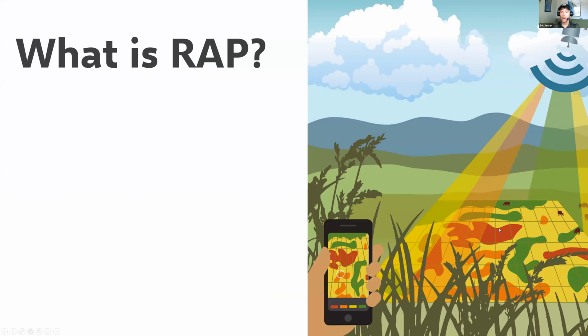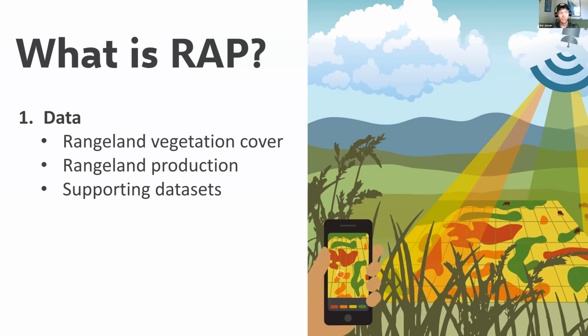So at the highest level, I just want to start by defining what is RAP. And so there are really two key components. And the first is the spatial vegetation data. And so we have a variety of products that are available. And that'll be really the meat of what we'll be talking about today.